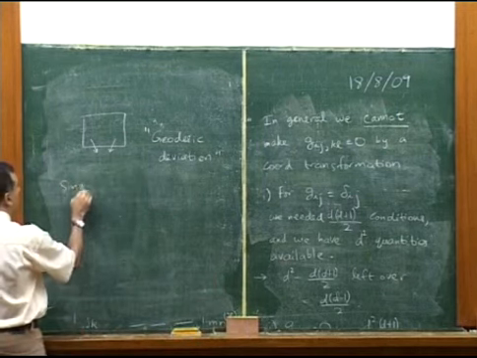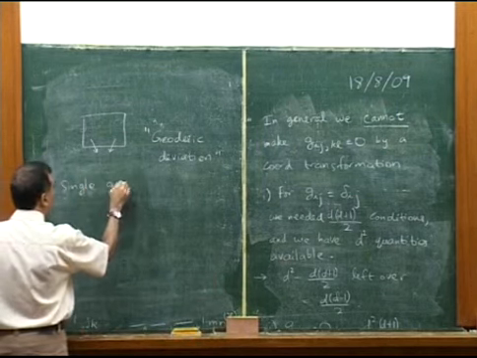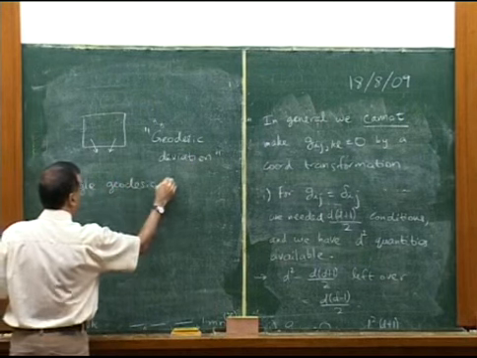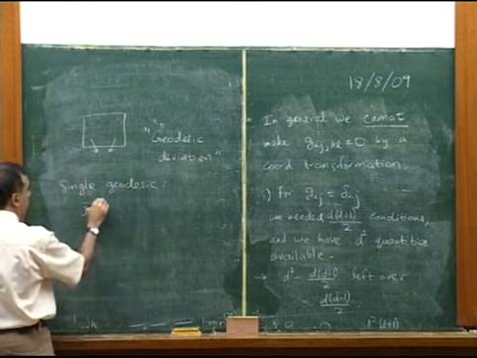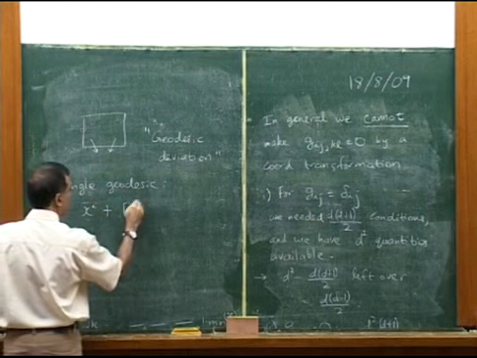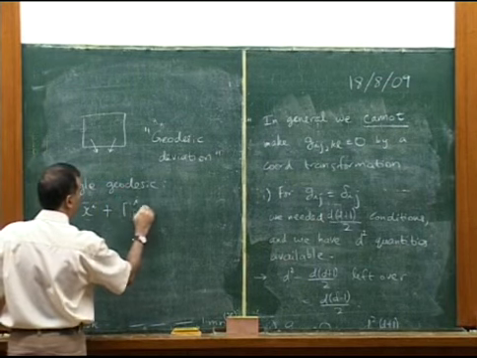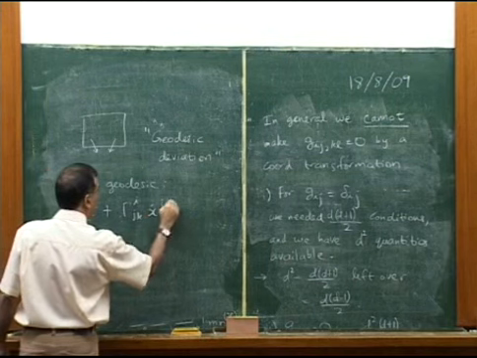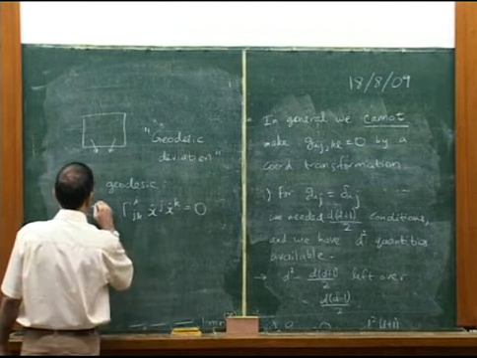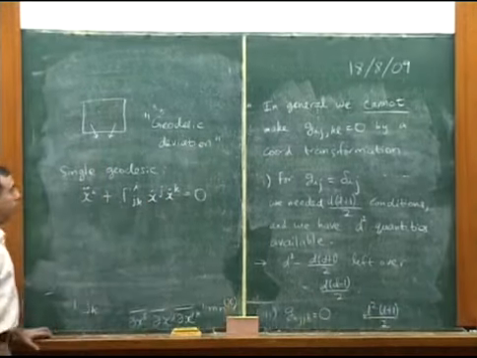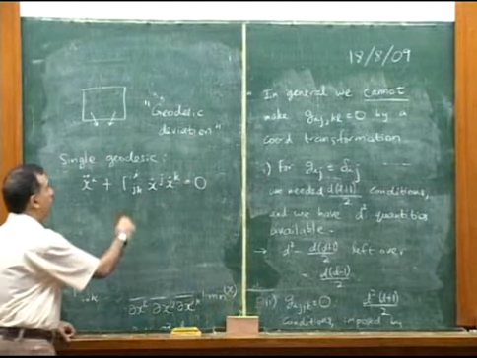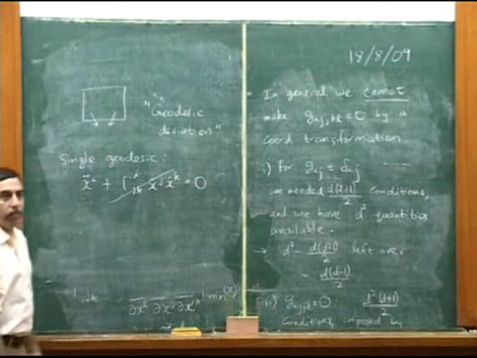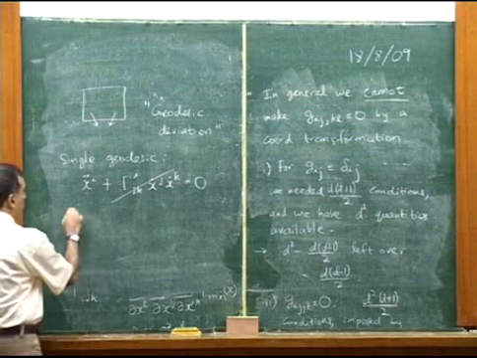Single geodesic, the equation in space is just this. And we've just seen that at any particular point of space, I can cancel this term. That's just what we saw. Okay?